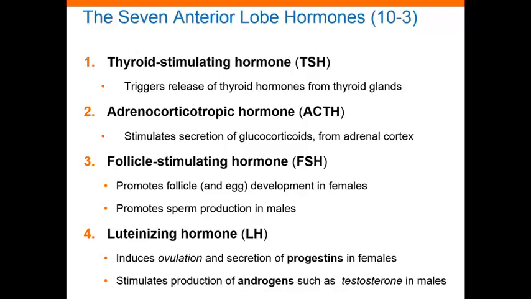Follicle-stimulating hormone promotes follicle and egg development in females. It promotes sperm production in males. Luteinizing hormone induces ovulation and secretion of progesterone in females, and it stimulates the production of androgens, such as testosterone, in males.